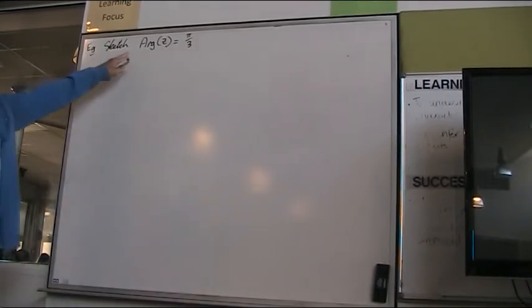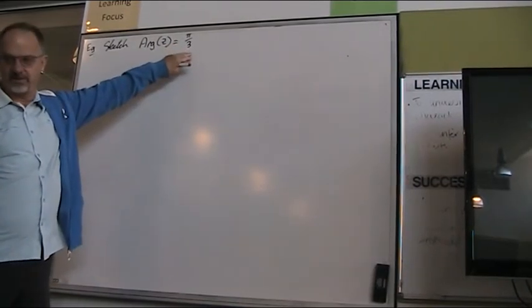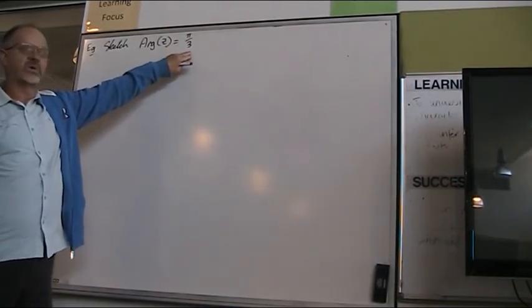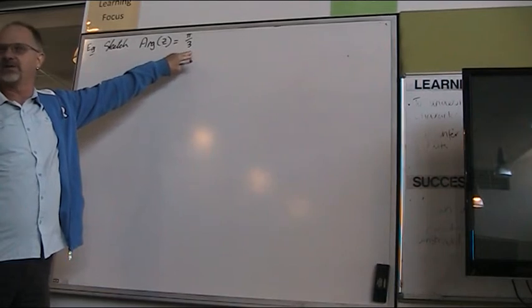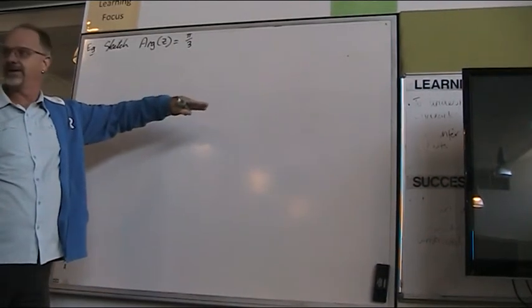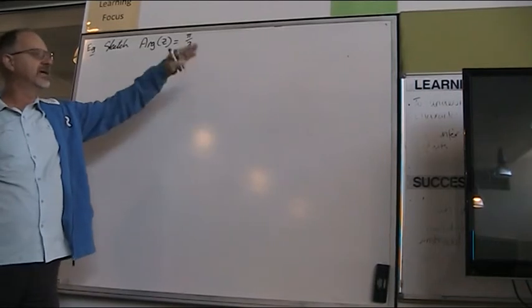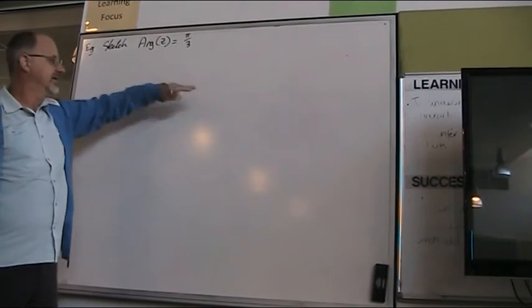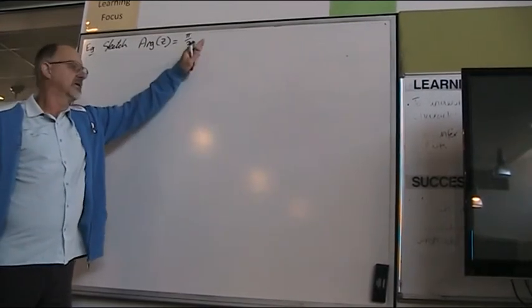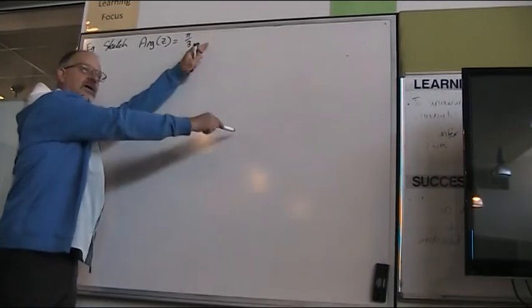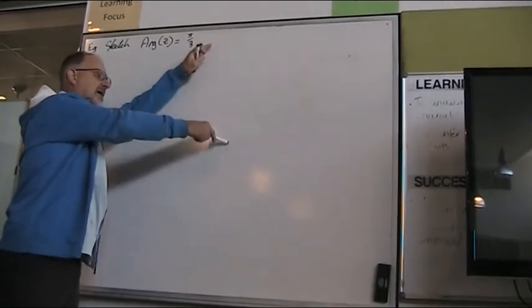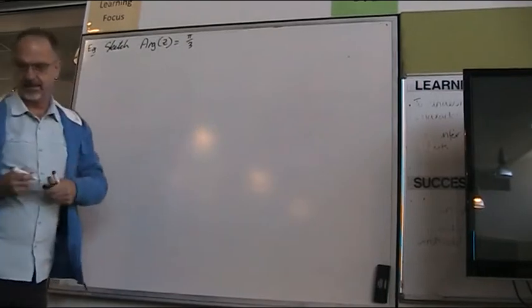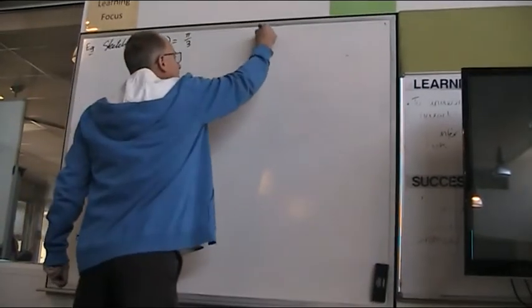So the question is, what do we do here? Arg z is pi on 3. Pi on 3 we know is an angle. We always measure our angles from the positive real axis in this case, in the anti-clockwise direction. So essentially this then is a line that goes like this, where the angle between the positive x-axis and up here is pi on 3.